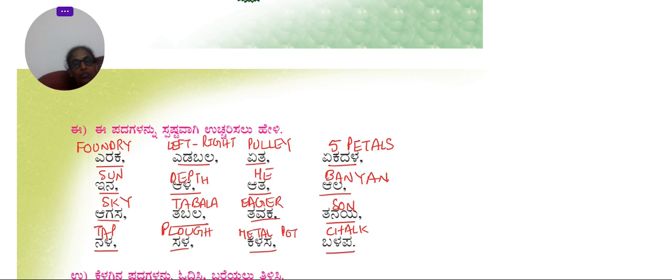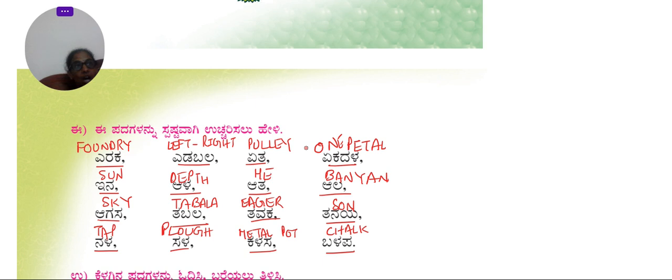Ekadala, sorry, I pronounced it wrong. Ekadala is a single petal, not 5 petals. I made a mistake here. Ekadala is one petal. Ina is sun.